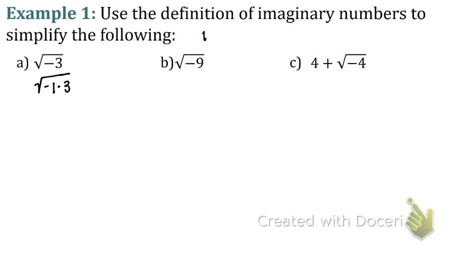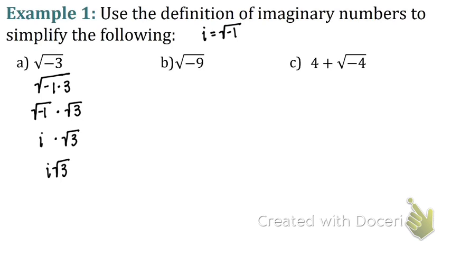We know that the definition of an imaginary number is the square root of -1. So now we can separate this into the square root of -1 times the square root of 3. The square root of -1 is i, and the square root of 3 is just the square root of 3. So now we know that this simplifies to i square root of 3.